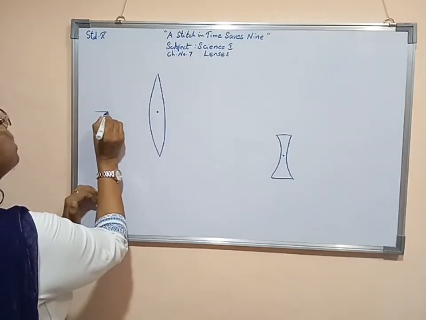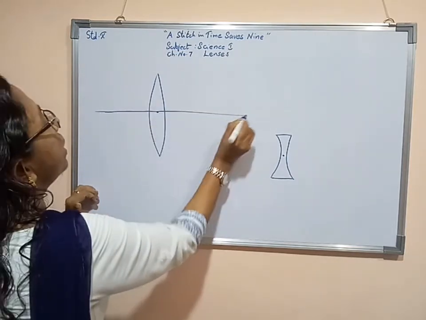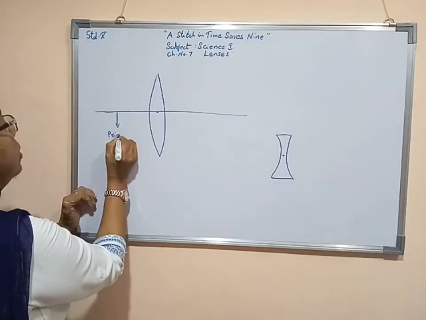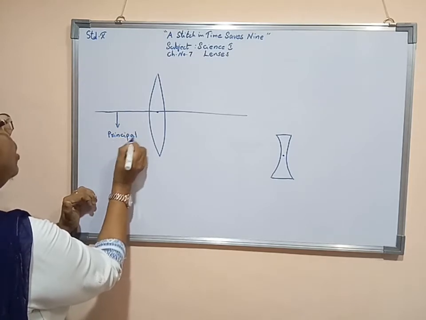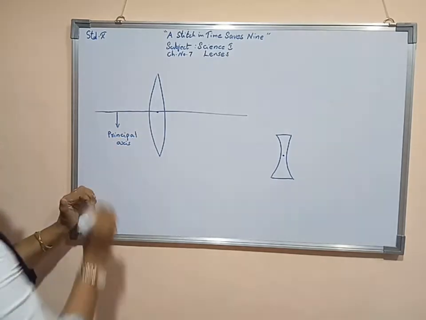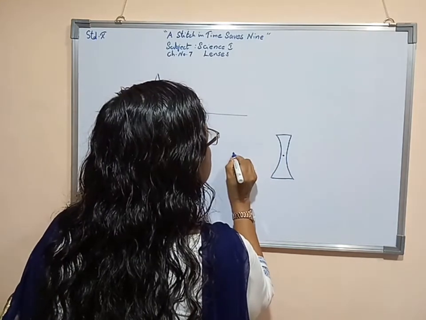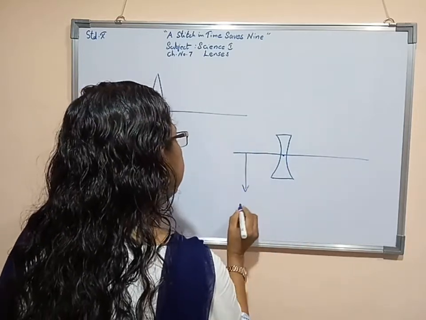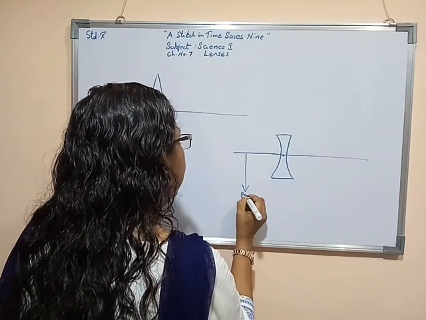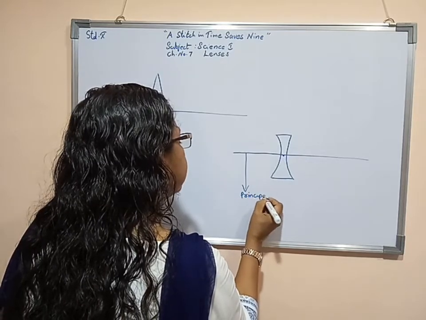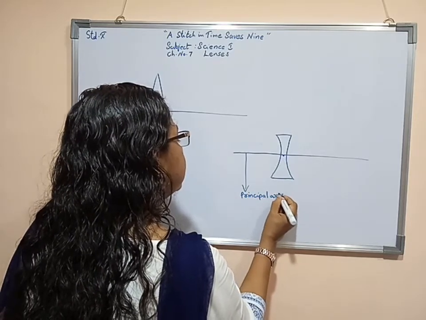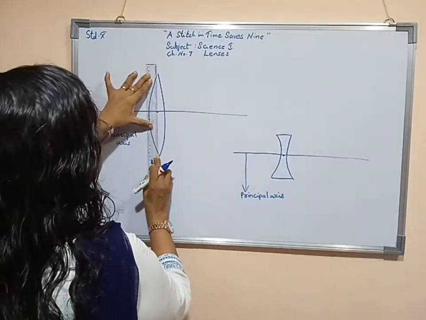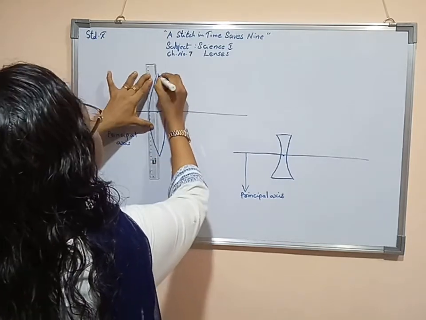Now the line which is passing through the center is known as the principal axis of the lens. Here again I am drawing a straight line through the optical center of the lens, and writing here principal axis of the lens.